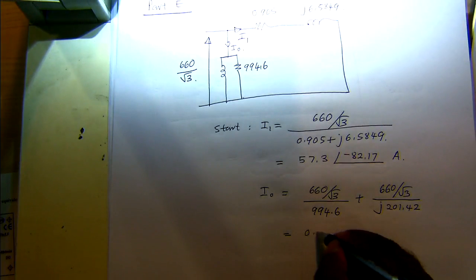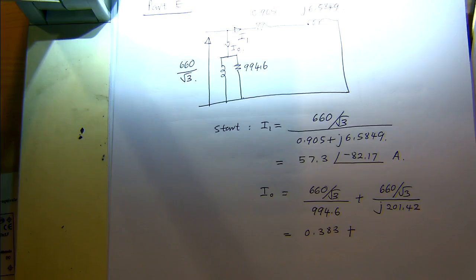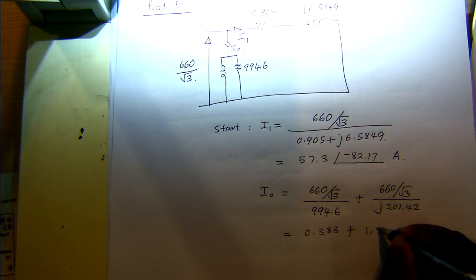Which is 0.383 plus 1.8918 angle minus 90.